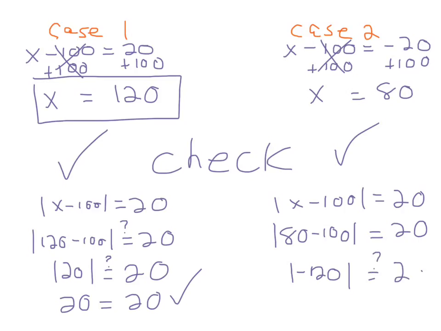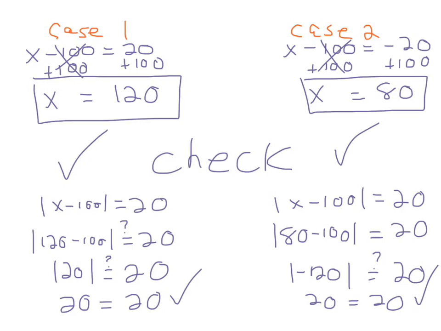Is it equal to 20? I know that when I have a single value that's negative inside my absolute value bars, I need to change the sign. And I find out that 20 does in fact equal 20. And check again, x equals 80 is a good solution because when I plugged it back into the original equation, it worked.